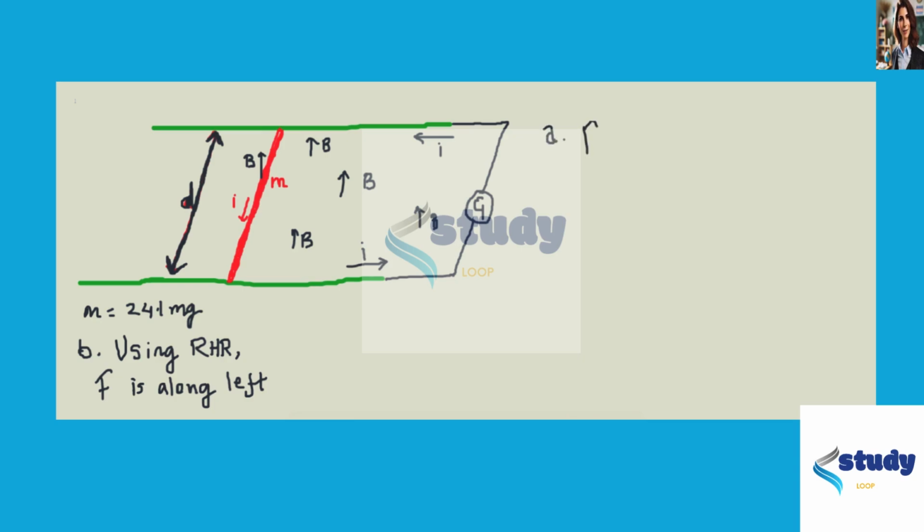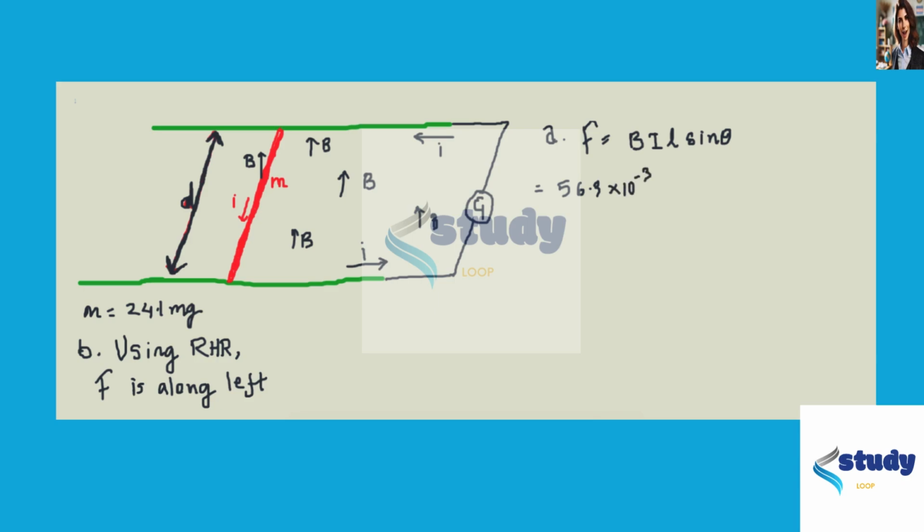So the force that it experiences is equal to B I L sine theta. This is the formula, right? Where theta is the angle between B and L. So we have the value of B here, that is equal to 56.3 millitesla, which is 56.3 into 10 to the power minus 3.